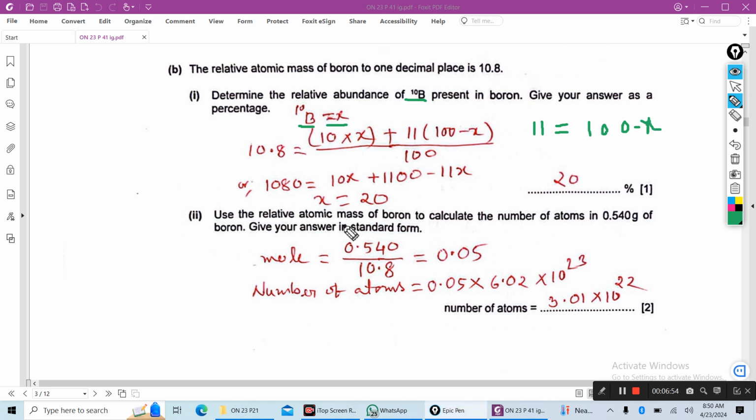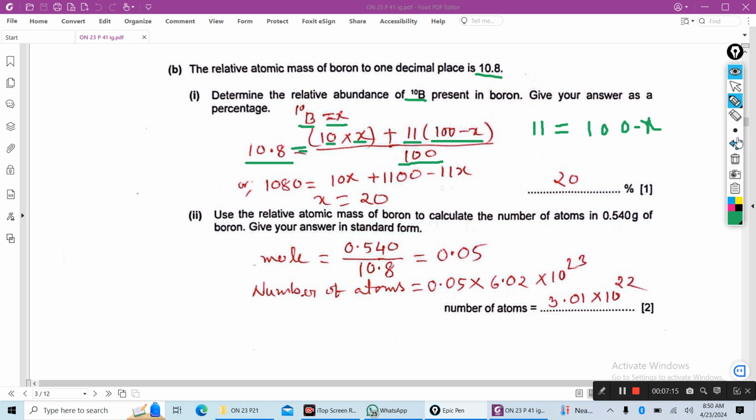Now you see the relative atomic mass is given as 10.8. So 10.8 equals mass times percentage of boron 10 plus the other mass times its percentage, divided by 100.